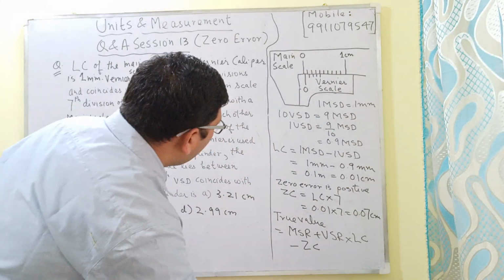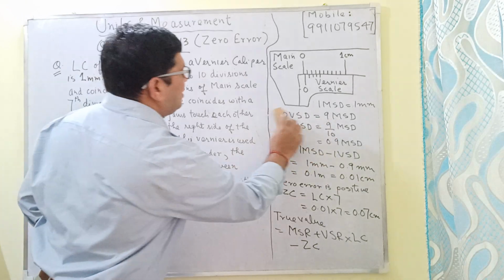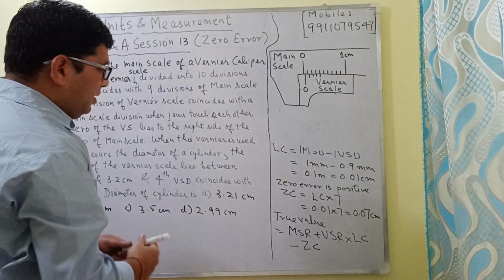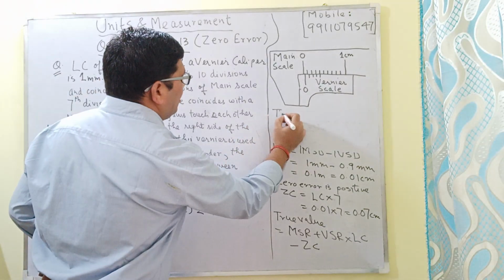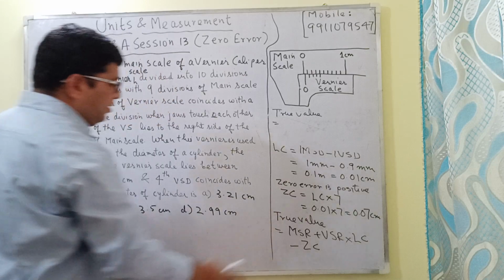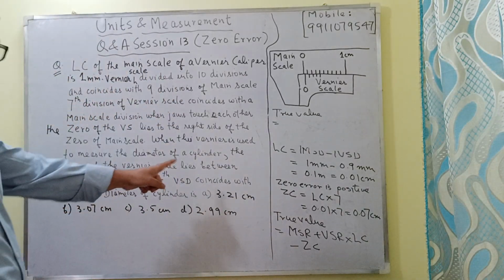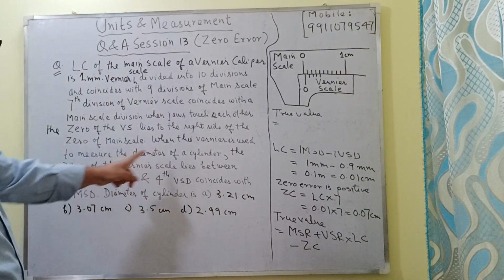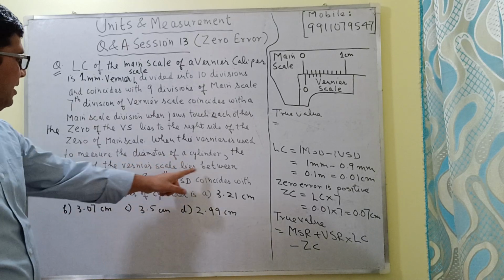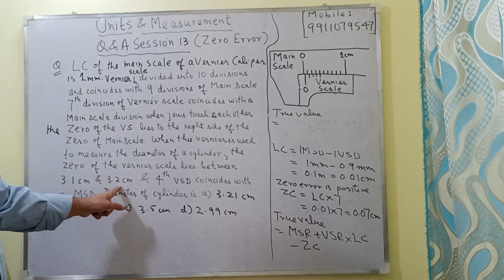Okay, so now I will be just solving this question here. So the true value will be equal to main scale reading plus. Now, what is the main scale reading? Here it is written, when the vernier is used to measure the diameter of a cylinder, the zero of the vernier scale lies between 3.1 and 3.2 centimeter.